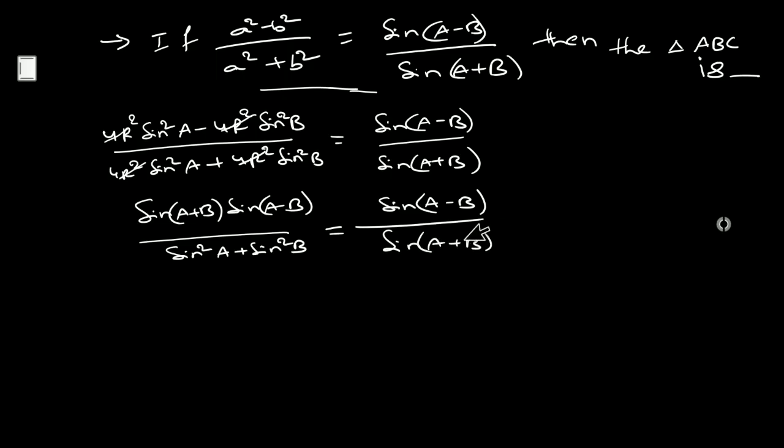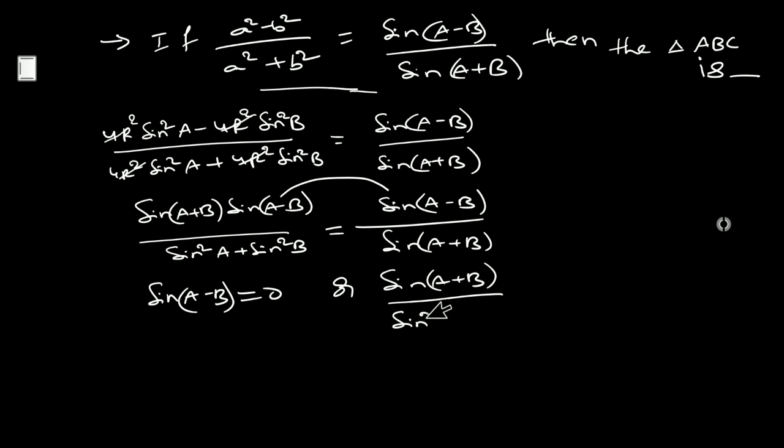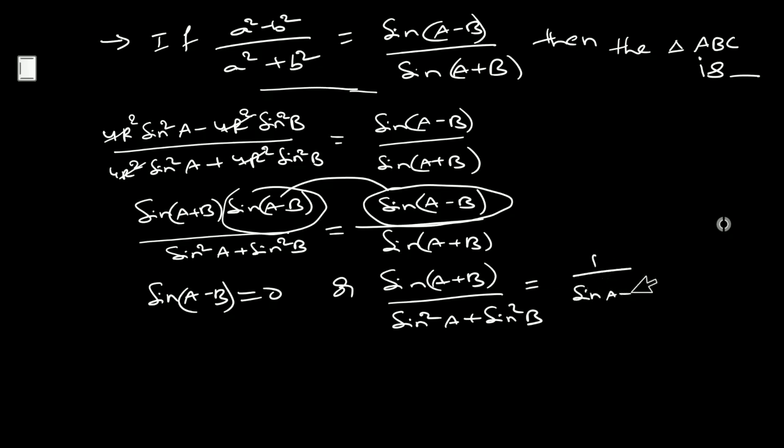From this, either sine of (A minus B) equals 0, or the remaining parts will be equal. So sine of (A plus B) divided by (sine square A plus sine square B) equals 1 divided by sine of (A plus B).